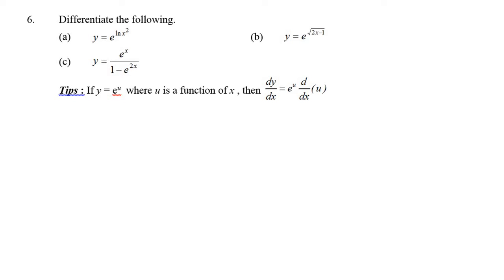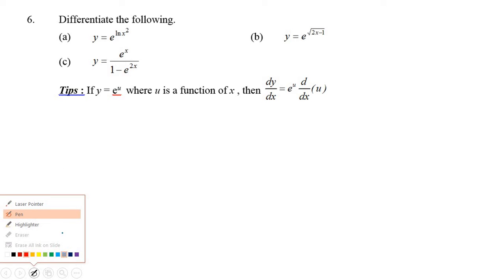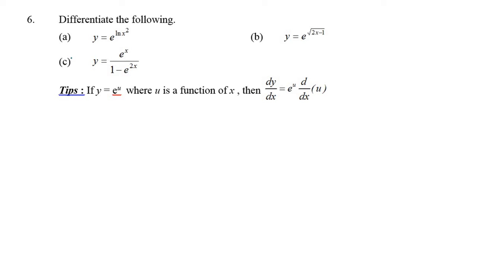Okay, so if you look at question number 6 over here, we have this question. So I'm going to just discuss question C for question number 6. Okay, question 6C. So in this form, now we can see that this is in the term of quotient, right?